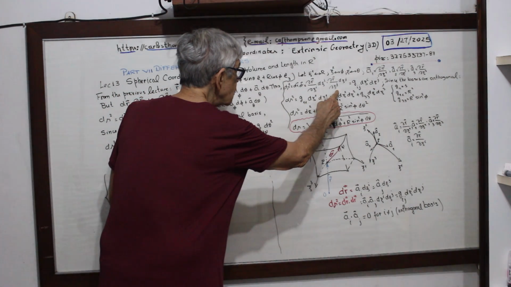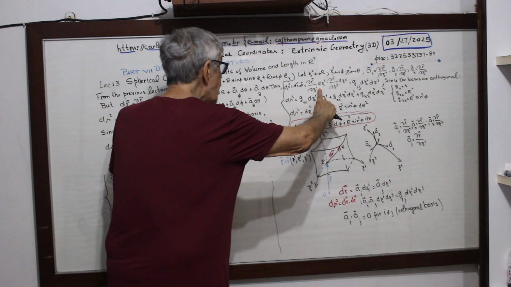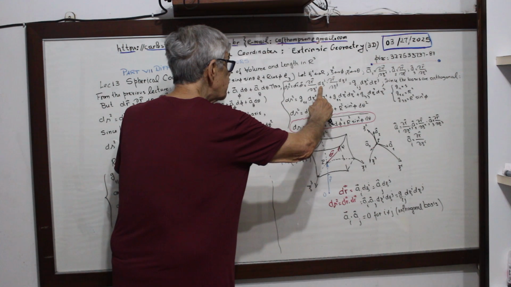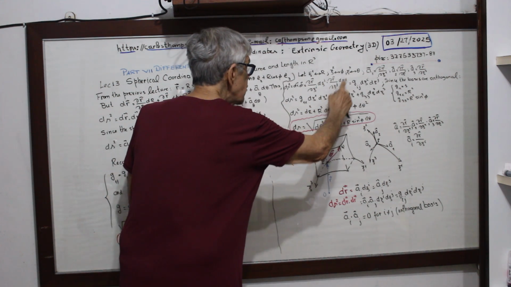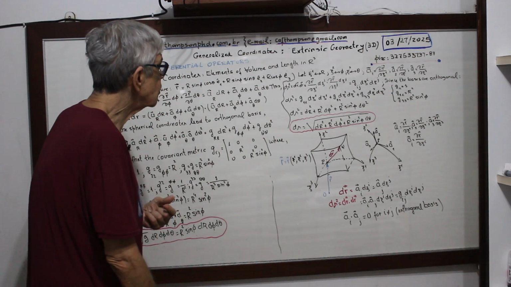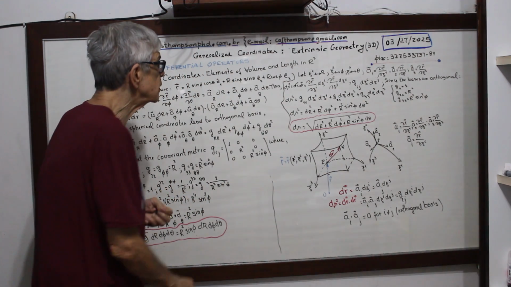So i is covariant. i over here is contravariant. Likewise j. The j in the denominator is in this case covariant. j over here is contravariant.